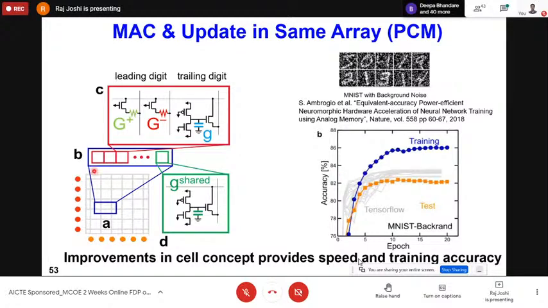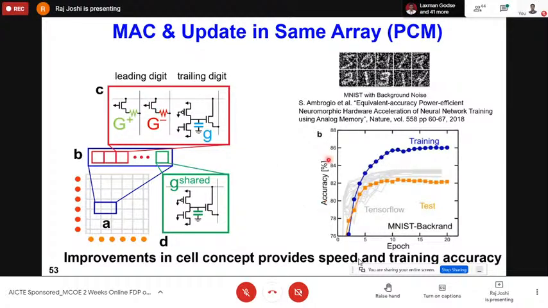So this is the array here, and these are the conductances here. Plus means plus sign, and some cells will have negative data stored in them, some positive data, things like that. So what we have done here, we have used that, and lowered the power because there are no more interconnects in between, right?